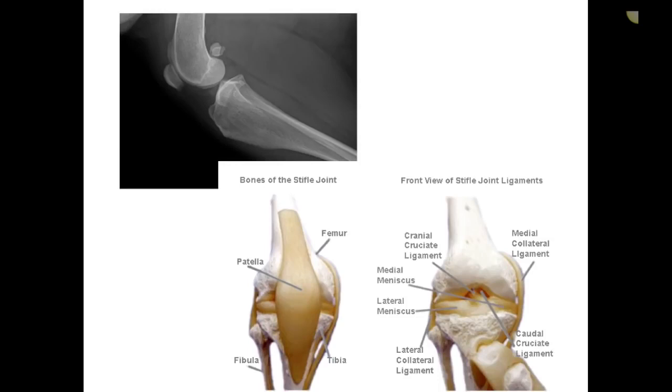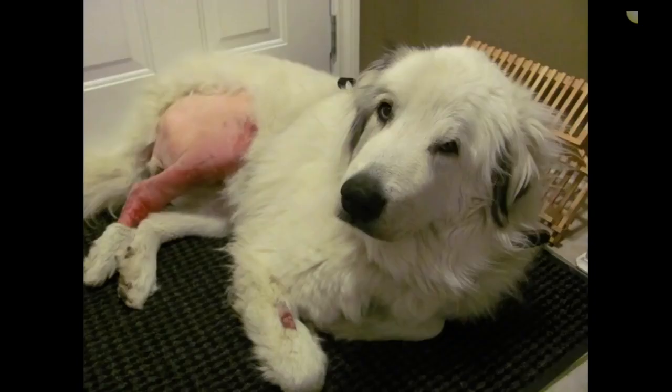So this is the cruciate, this is the stifle itself, so here's the dog's tibia, the distal aspect of the femur, and that's the stifle, right? That's the knee. So these are all the beautiful ligaments that connect the femur to the tibia and create the knee joint and allow for flexibility and extension.